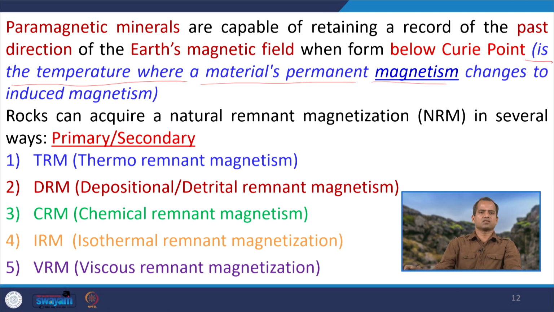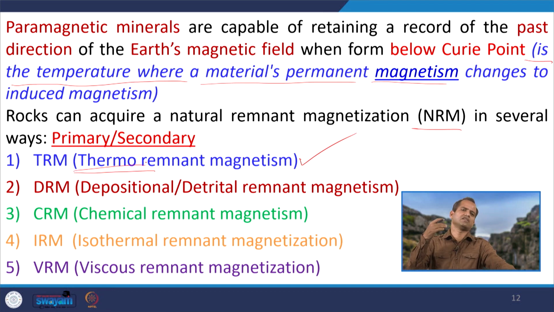And rocks can acquire natural remnant magnetization, called NRM, in several ways, primary ways or secondary ways. Primary ways mean that when the rock forms, the magnetization is imposed in it, and that is thermo remnant magnetization. The thermo itself refers to temperature.